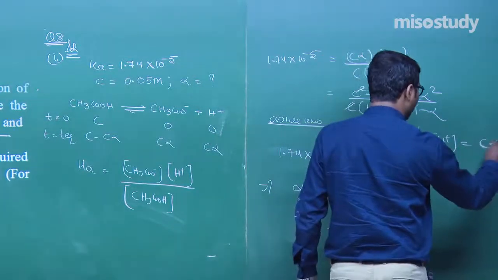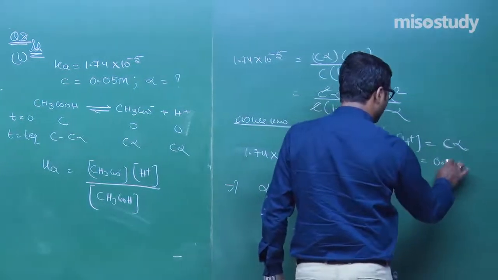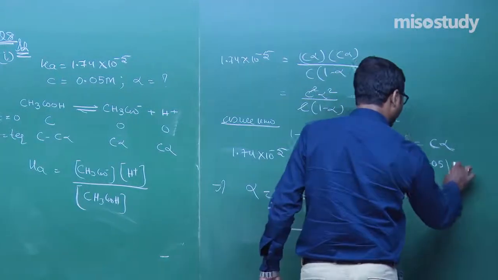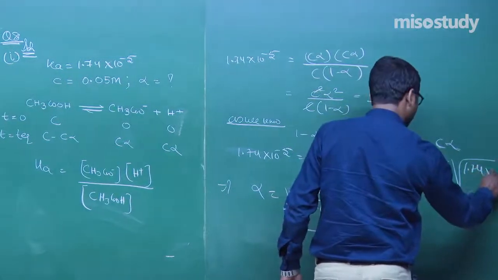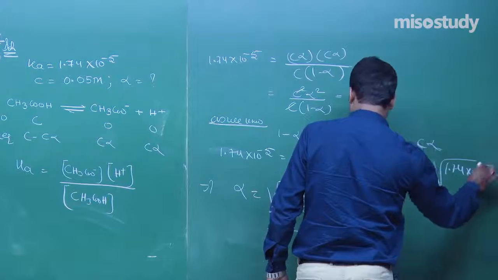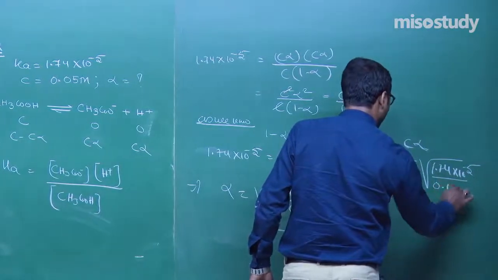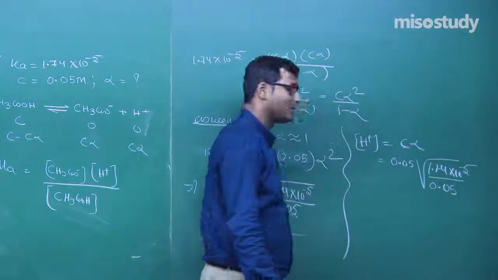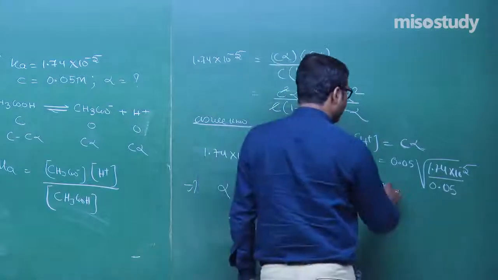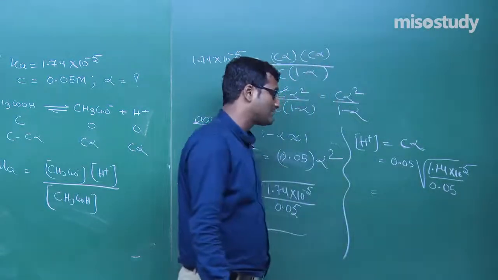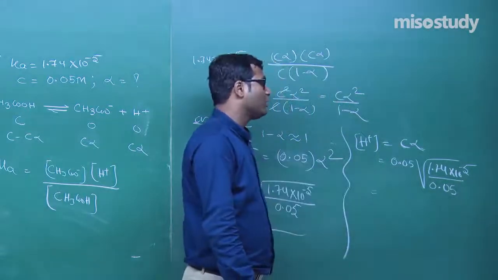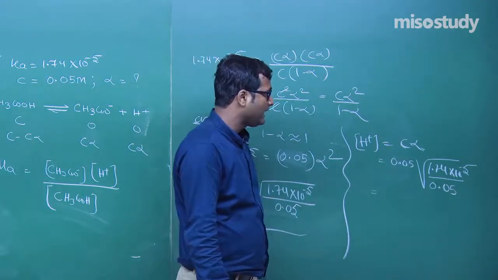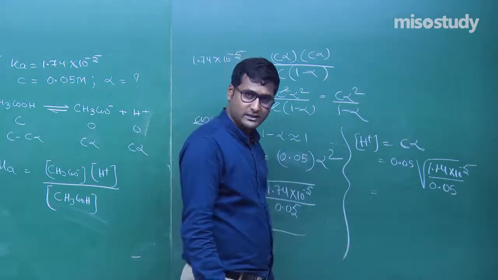That is C alpha. What is C? 0.05. And alpha is root of 1.74 into 10 to the power minus 5 upon 0.05. Or you can simply say the concentration of H plus ion is root under Ka into C.